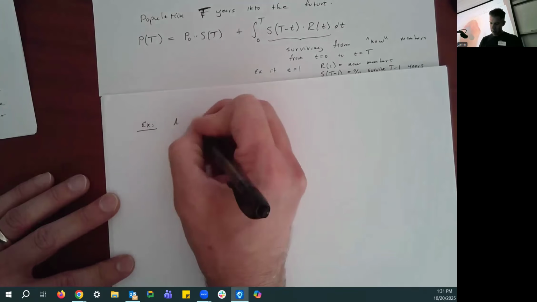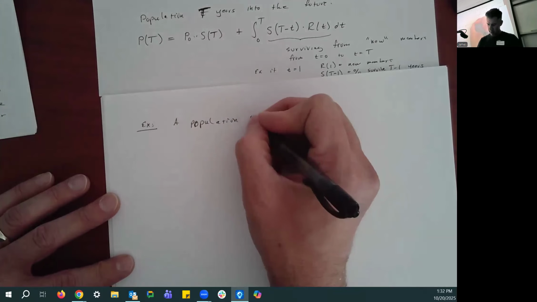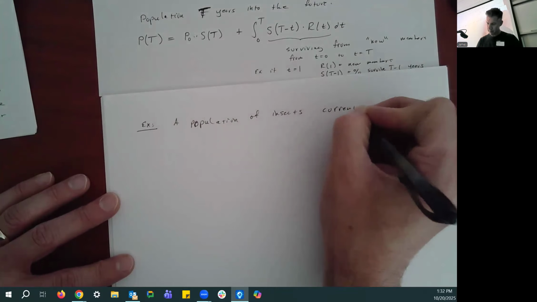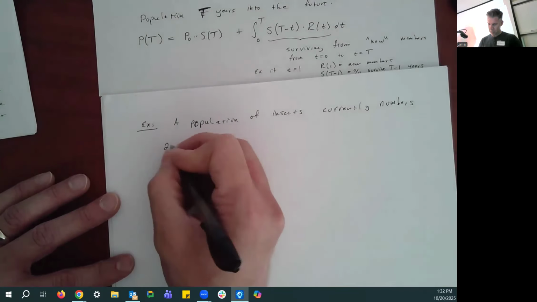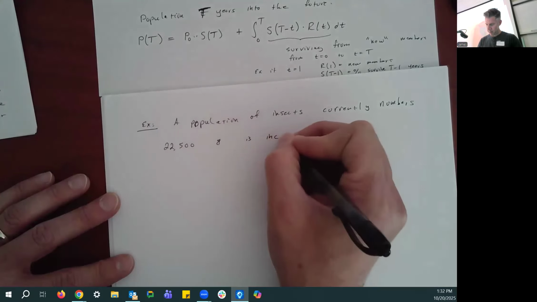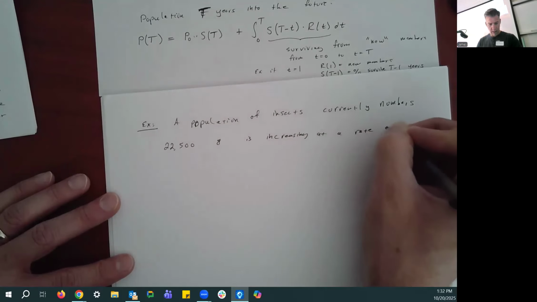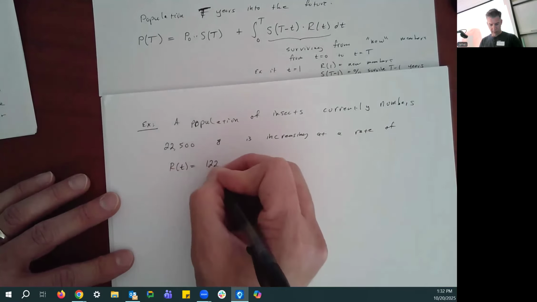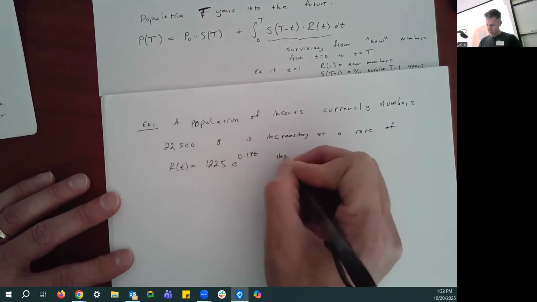A population of insects currently numbers 22,500 and is increasing at a rate of R of t equal to 1,225 times e to the 0.14 t insects per week.